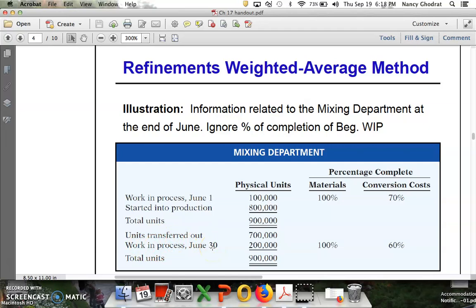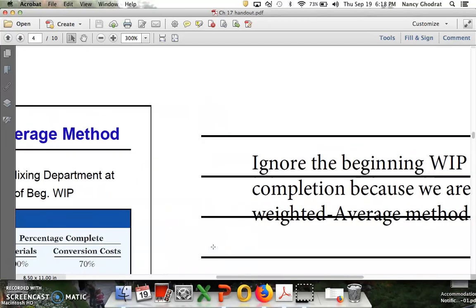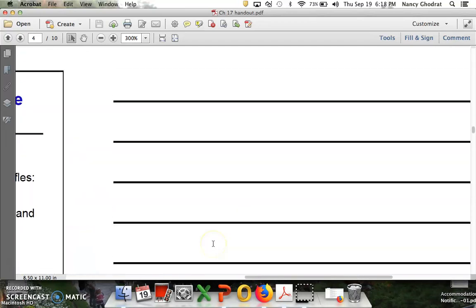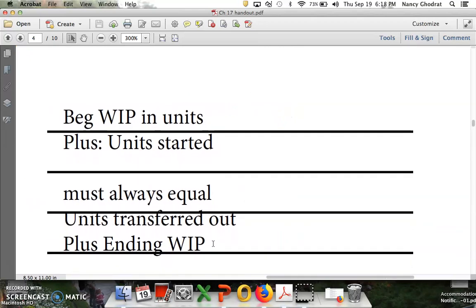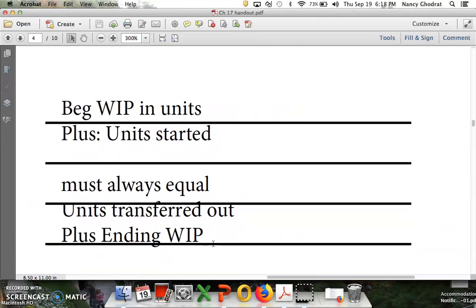If you can remember this, it is going to help you in homework. Beginning work in process units plus units started must always equal units transferred out plus ending work in process.